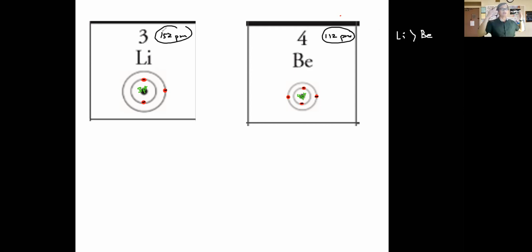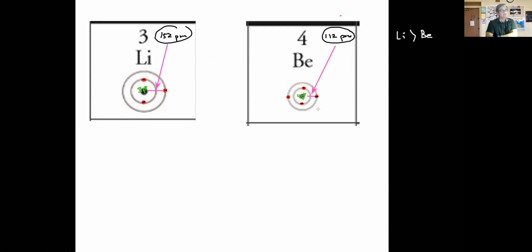Let's consider why, and you can see it here as well. What we're going to examine is the distance from the nucleus out to the electron furthest out. This radius here is 112, and this radius here is 152.